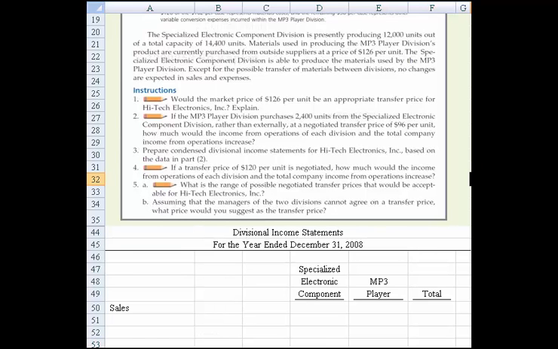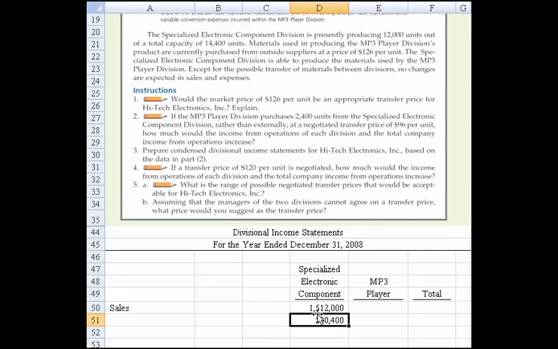Okay, now we'll tackle number 3, which asks us to prepare condensed divisional income statements for high-tech electronics based on the data we're using in number 2 above. So let's calculate the sales. All right, first, for specialized electronics components, we have the external sales of 12,000 units times $126 per unit. But now we also have 2,400 units times the $96 new transfer price.